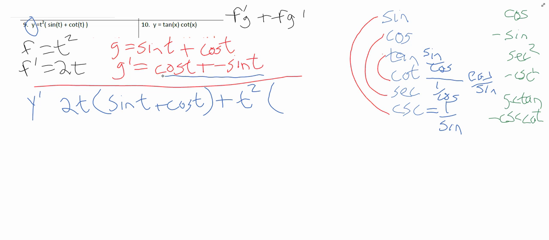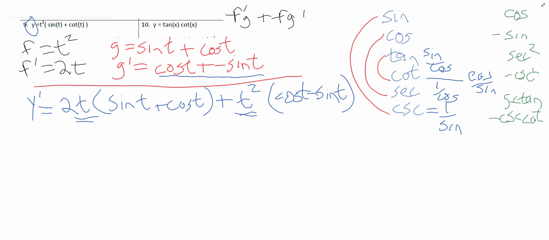We could rewrite this as cosine of t minus sine of t. And not much we could factor out of this that would be very helpful. They do both have a t to the first power in it at least, right? That's one thing you could factor out, but I would be satisfied just leaving it just like that.